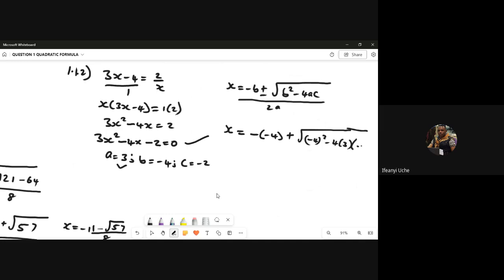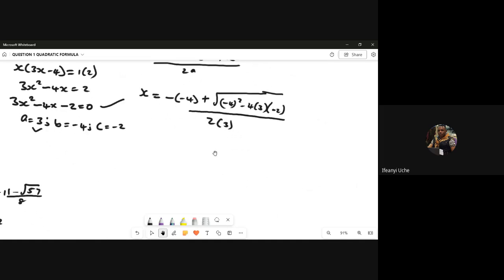Be careful with your signs. Signs can really cost you marks. Then the last one here, remember your negative times negative gives you +4 plus or minus, then we'll have -4 all squared is 16.